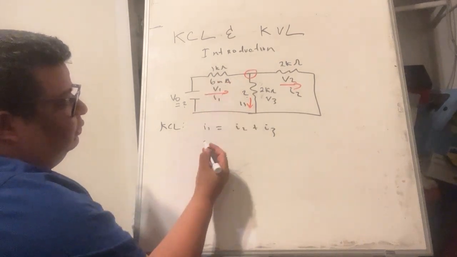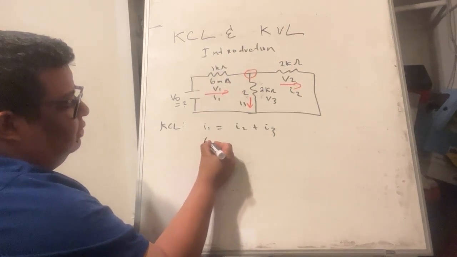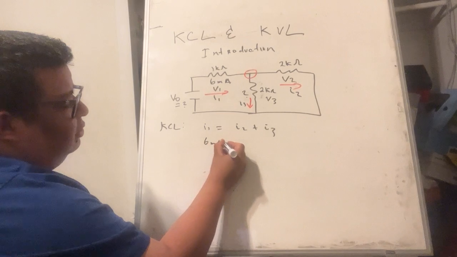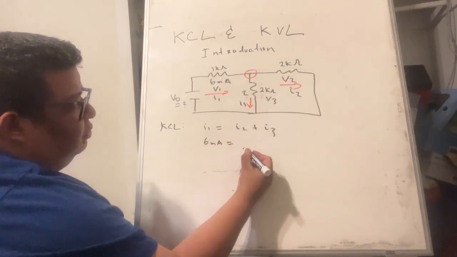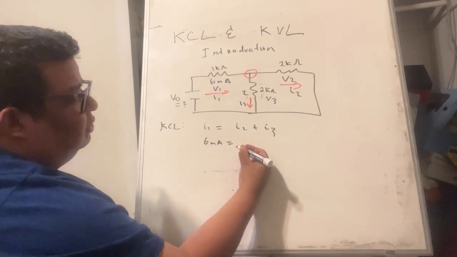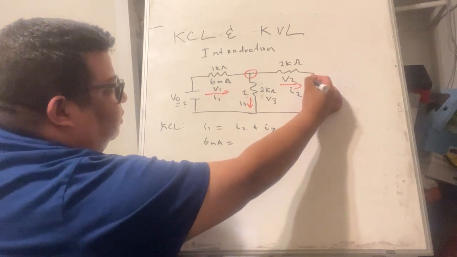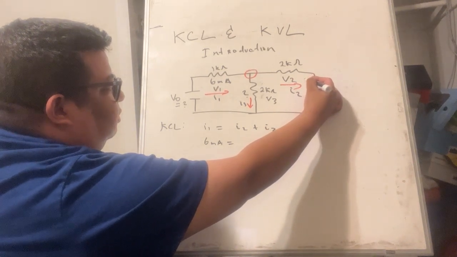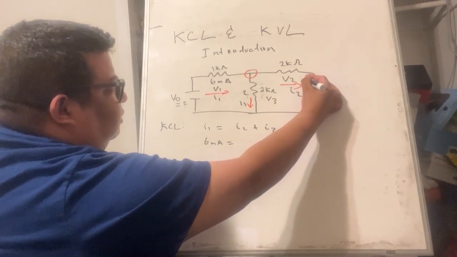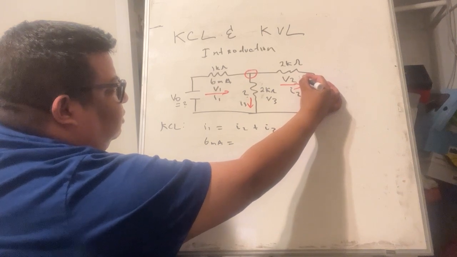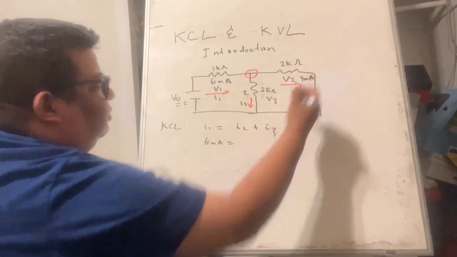I1 is 6 milliamps, and I2 is 3 milliamps.